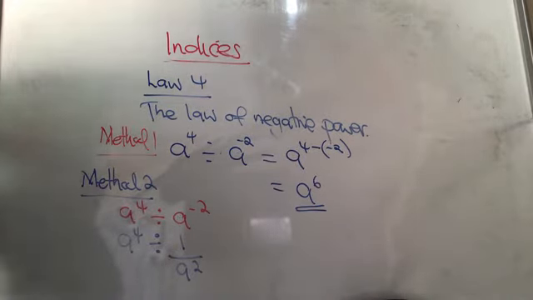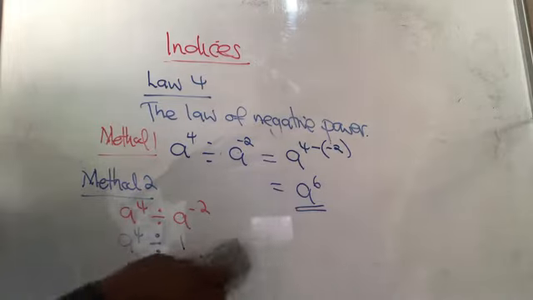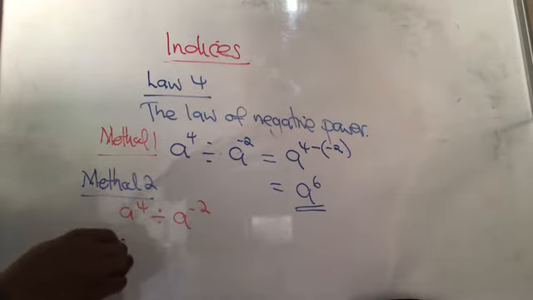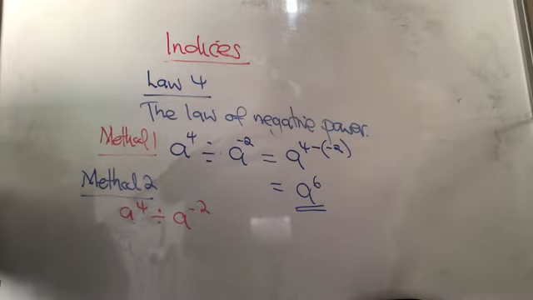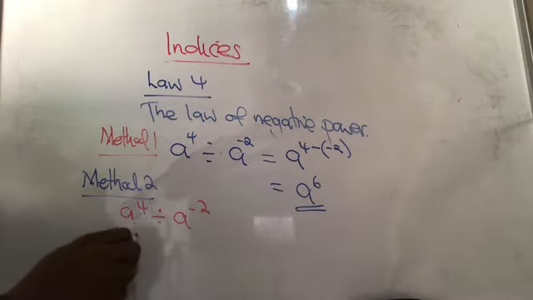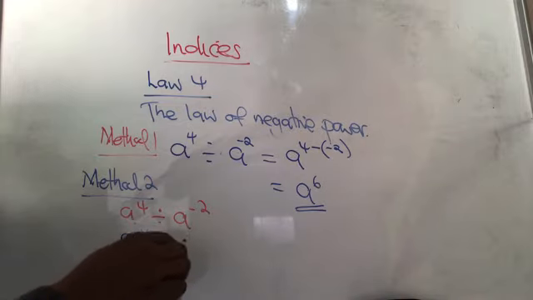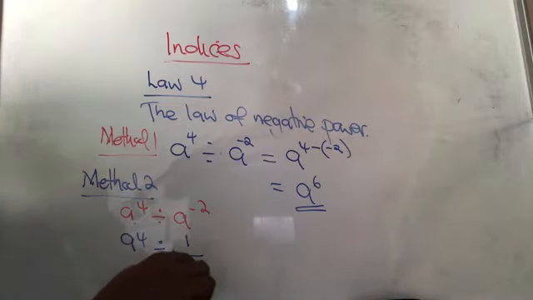I hope it's very clear from that end. Maybe let me write it again here: a to the power of 4 divided by 1 over a squared.